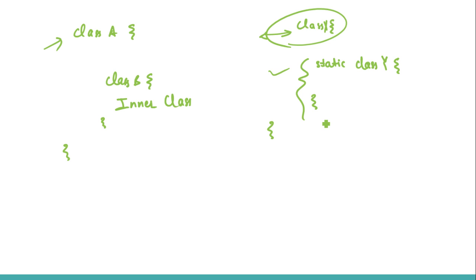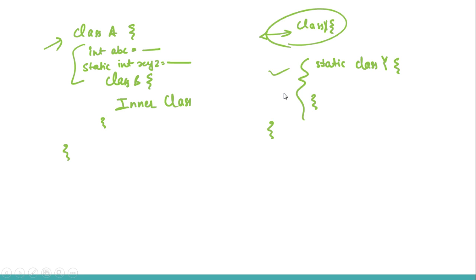And then another important thing is that an inner class can access static and non-static members of the outer class. So if you have int ABC initialized to something, and then you have static int XYZ initialized to something, this inner class can access both of these, ABC and XYZ.